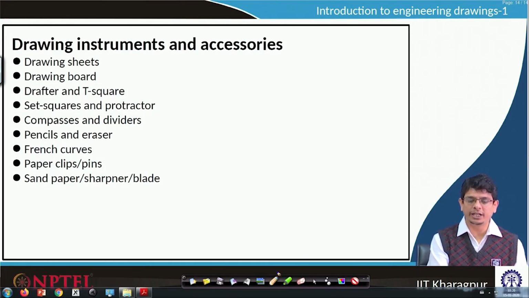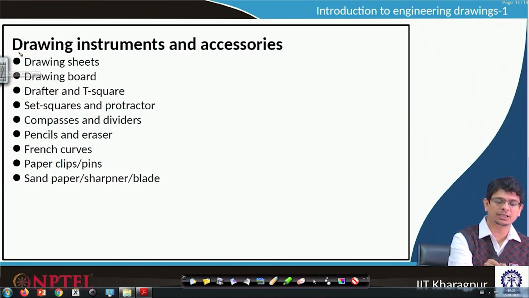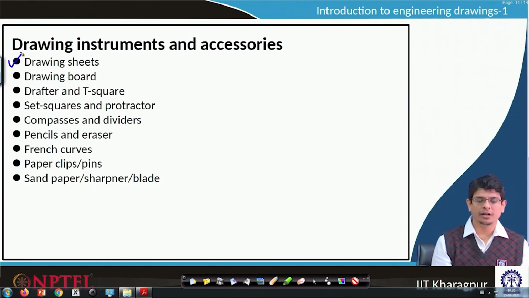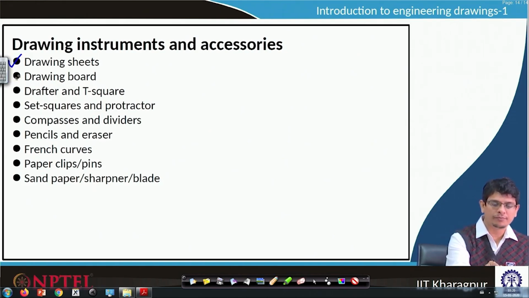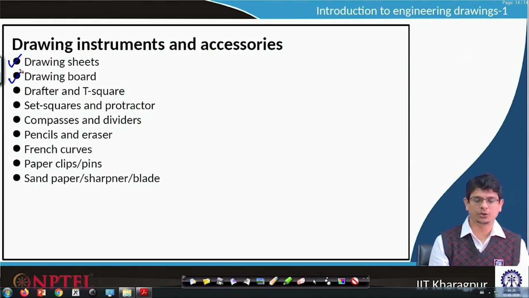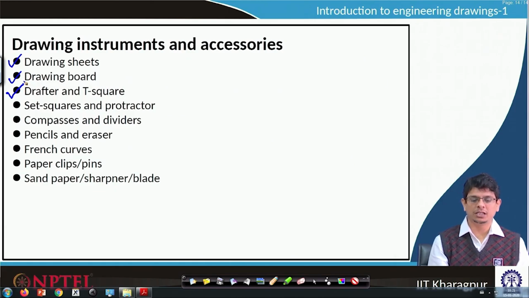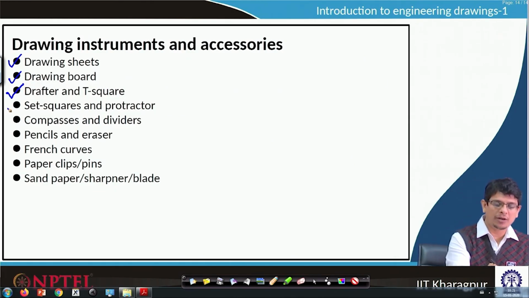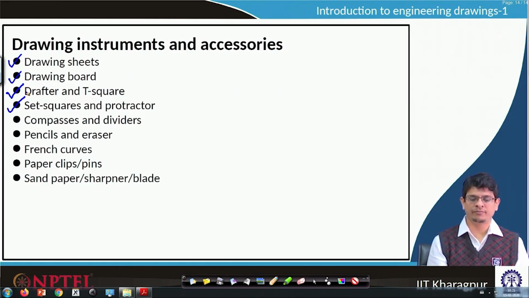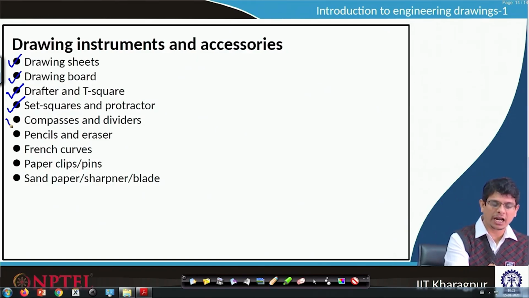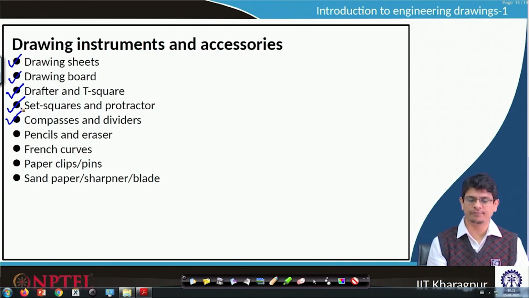The standard drawing instruments and accessories used are drawing sheets, a drawing board to cover the drawing sheet, a drafter or a T-square, set squares and protractor. Occasionally we use compasses and dividers also.